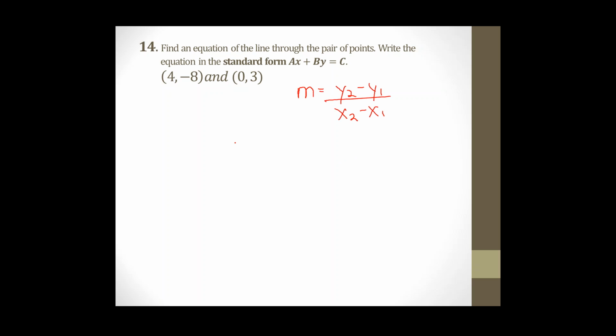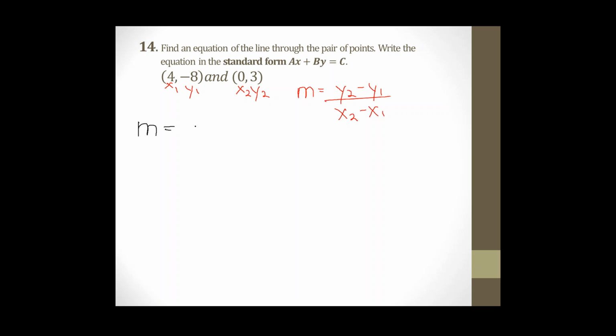And then we can label our points. This could be my first point, x1 and y1, and this could be my second point, x2 and y2, and then I'm going to plug my values into the formula to find the slope, because that would help me write the equation of the line in either standard form or slope-intercept form. It doesn't matter, but if I'm given 2 points, this is the formula that I will have to use.